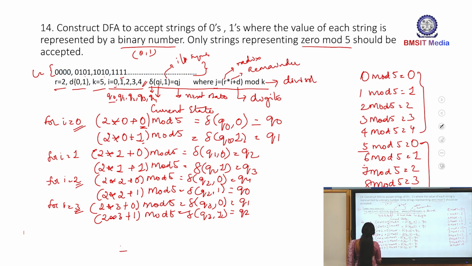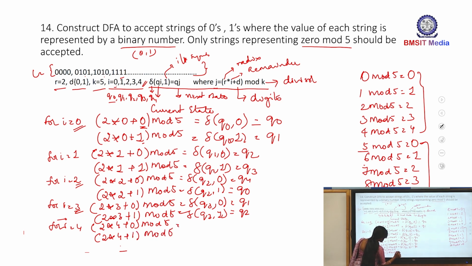Now coming to the last one, for i equal to 4, you can see it's the same thing. So it is 2 into 4 plus 0 mod 5, and the next thing that we'll have is 2 into 4 plus 1 mod 5. So in this case, we have delta, with Q4 as the state, on seeing the input symbol 0.